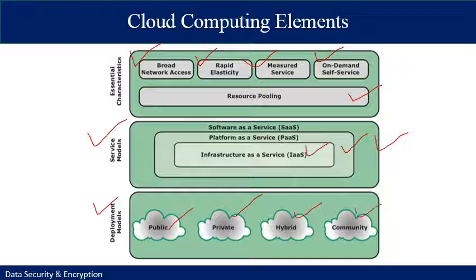The cloud can also be community based. The cloud infrastructure is shared by several organizations and supports a specific community that has shared concerns, for example, mission, security requirements, policy, and compliance considerations. It may be managed by the organization or a third party and may exist on premise or off premise.